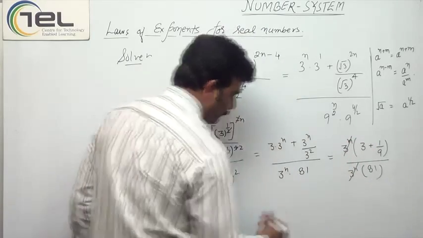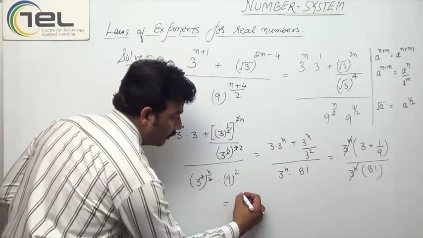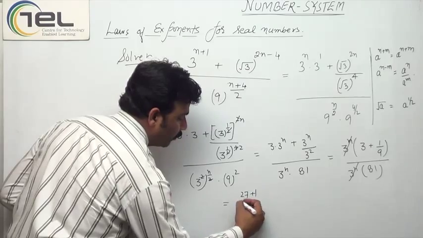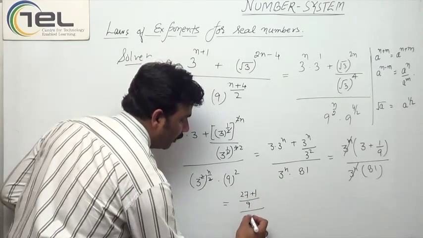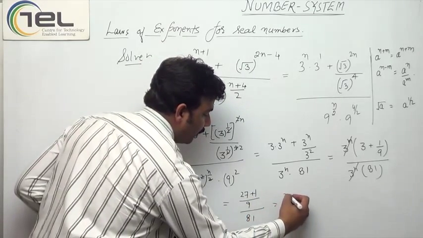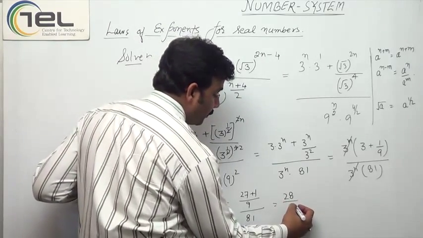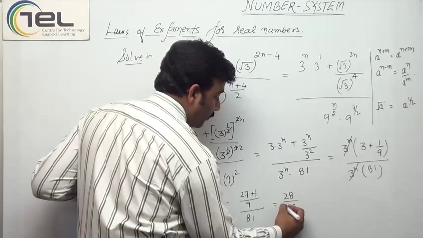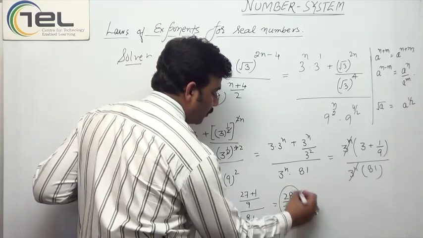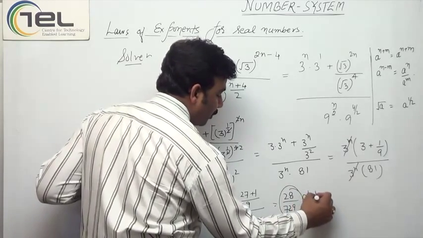This will be cancelled. It will result 27 plus 1 over 9 over 81, and it will be 27 plus 1 is 28 over 9 into 81, which is 729. So this will be the perfect answer for this question.